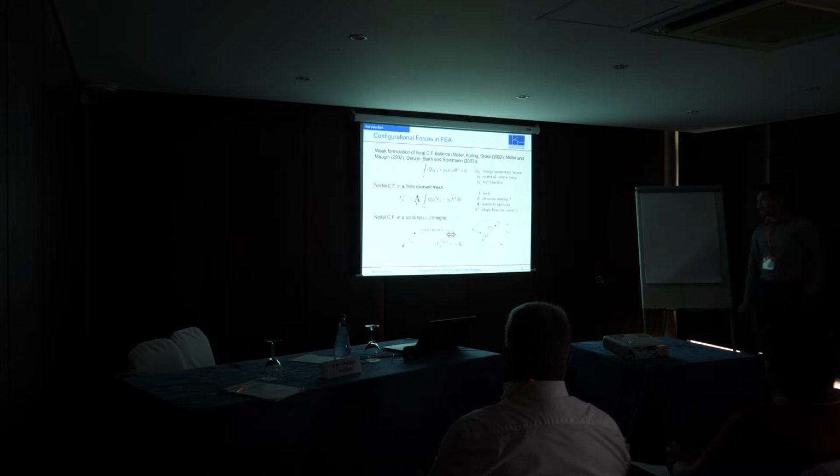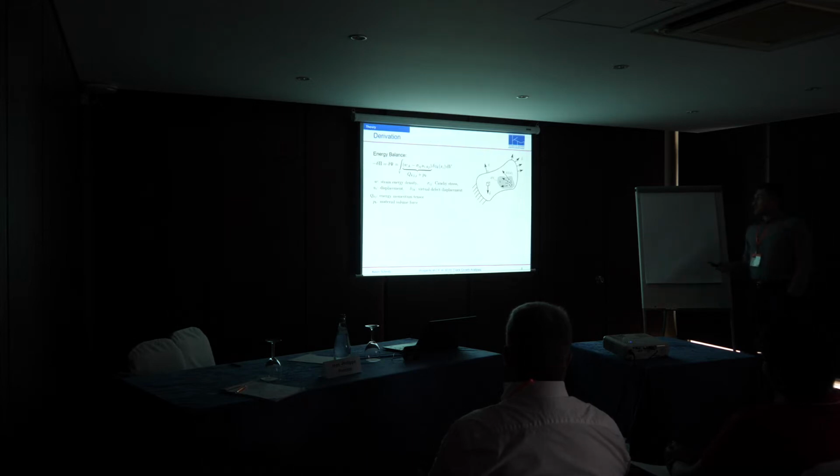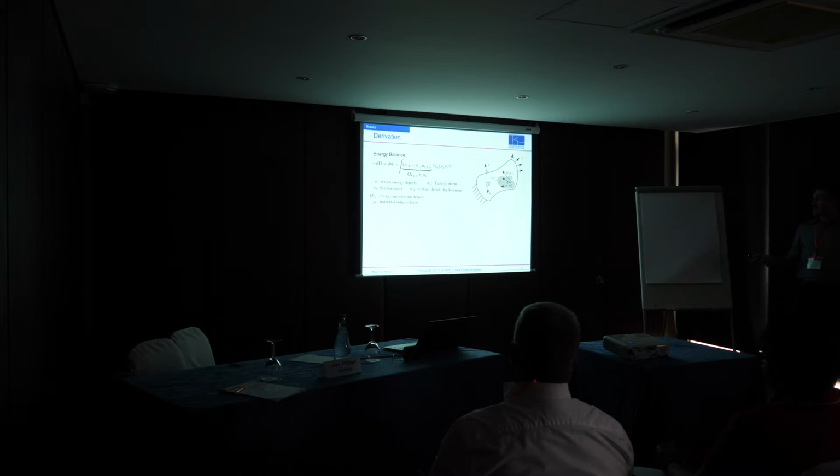When it comes to cracks, it is often assumed that the configurational force at the crack tip node of the finite element mesh is equal to minus the J integral as we know it, the path independent integral, but this is not unrestrictedly valid, as you will see later on, and this is what this work is concerned with. To show you what the problem is, we'll have a look at this mechanical boundary value problem with some defects in it, which are indicated with this virtual defect displacement function delta z.